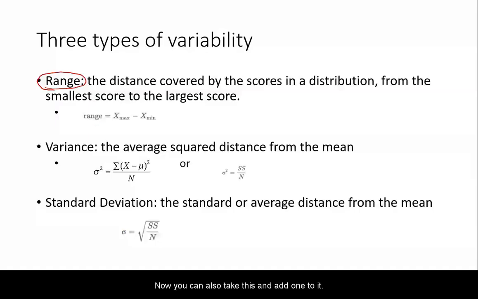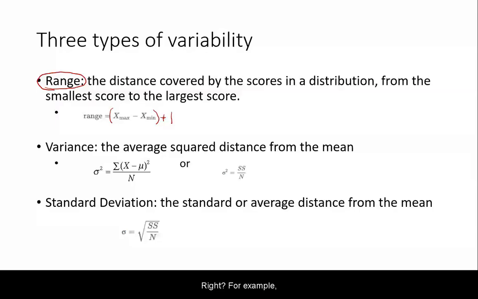Now, you can also take this and add 1 to it. And that not only tells you how far apart the scores are, but how many possible scores there are in your distribution. And when we looked at grouped frequency tables, and those groups, you couldn't just subtract the high number from the low number and say there are that many scores. You had to add 1, right?